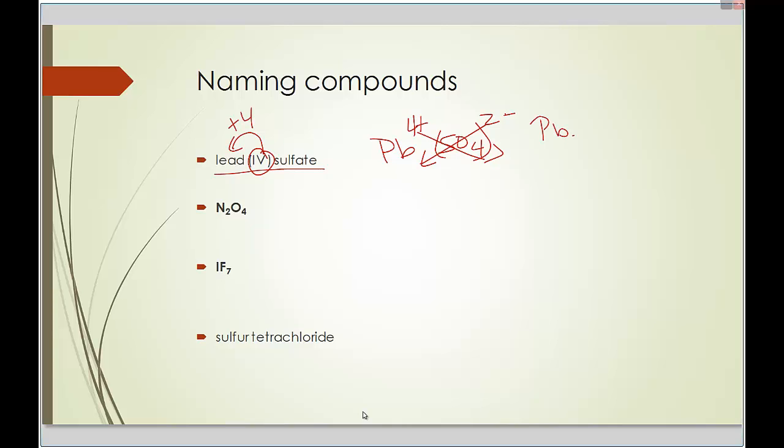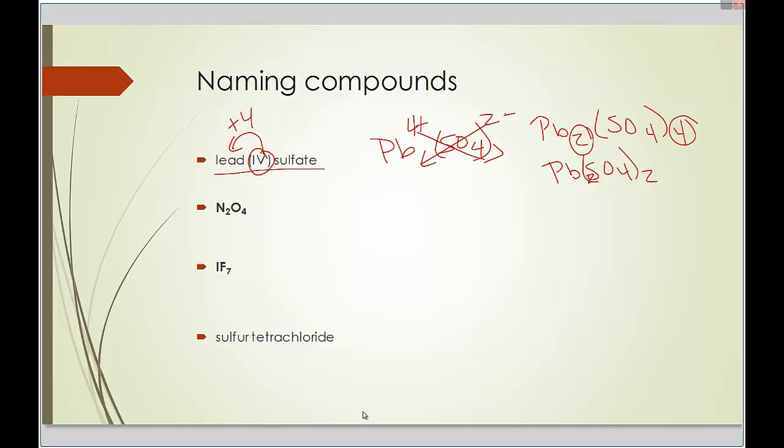Notice that 2 and 4 are both divisible by the number 2, so I'm going to reduce it down. I reduce down the ionic, I do not reduce down the molecular. So if it has prefixes, don't reduce it. So it should be PbSO4 twice.